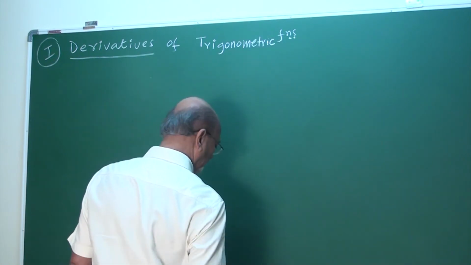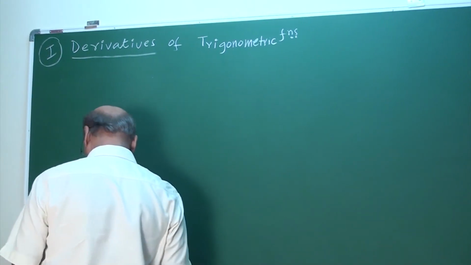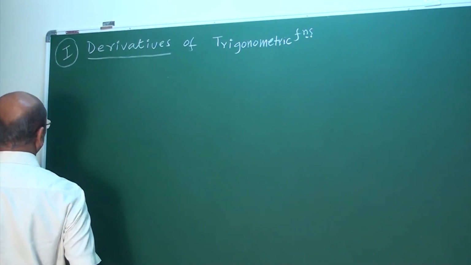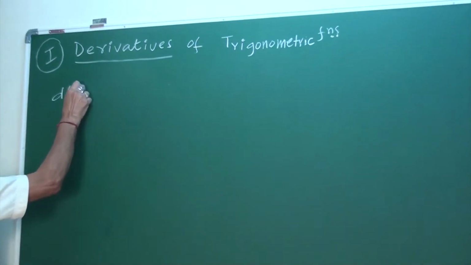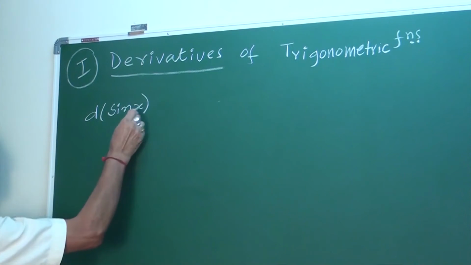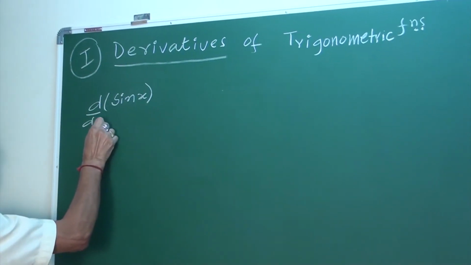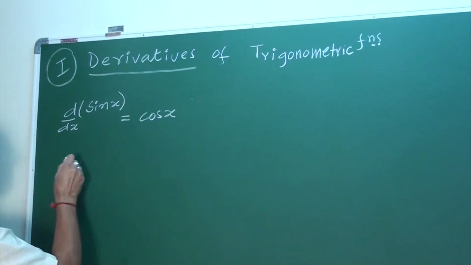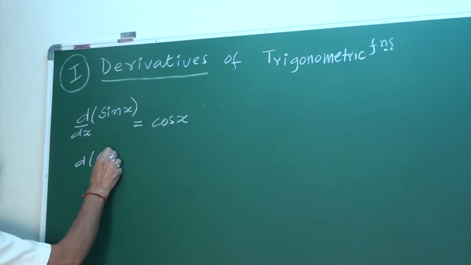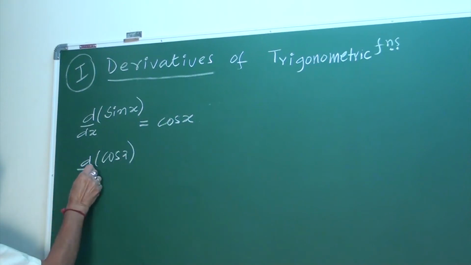Trigonometric means, my friends, there are mainly 6. First, the derivative of sine x with respect to x is cos x. Next, the derivative of cos x with respect to x.